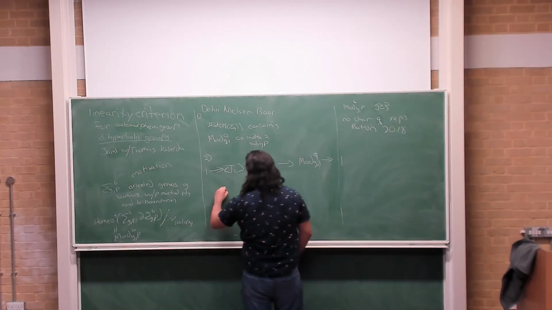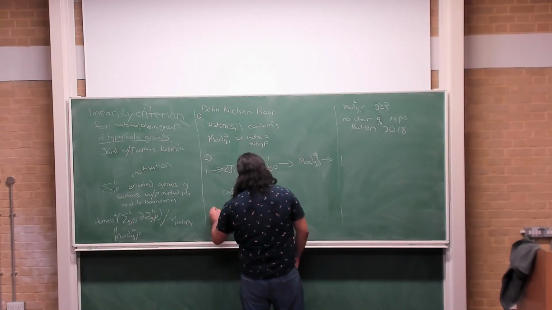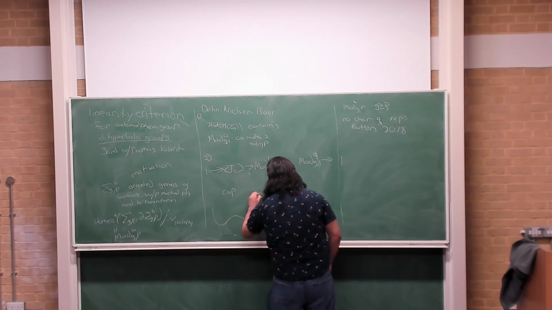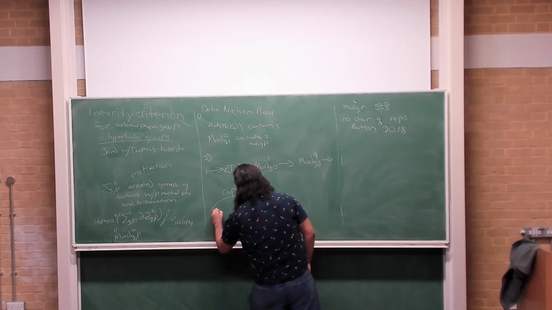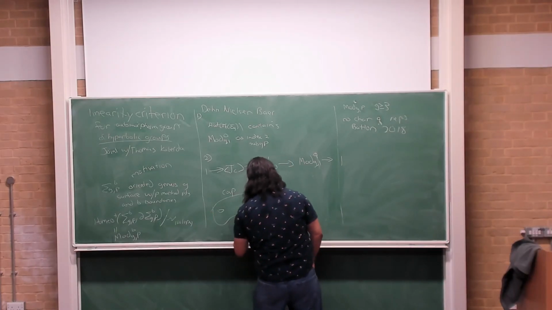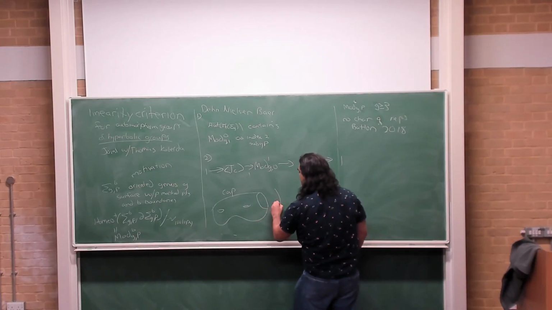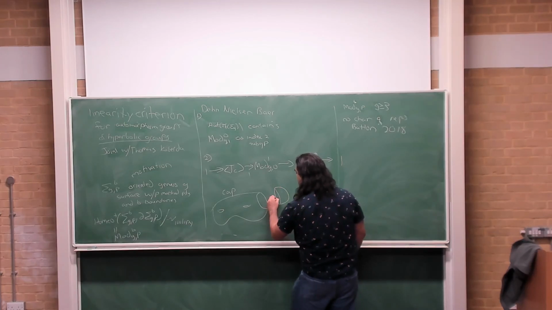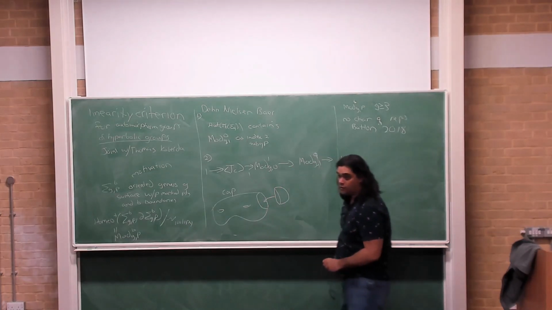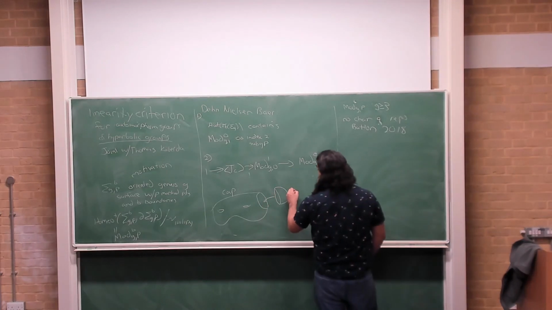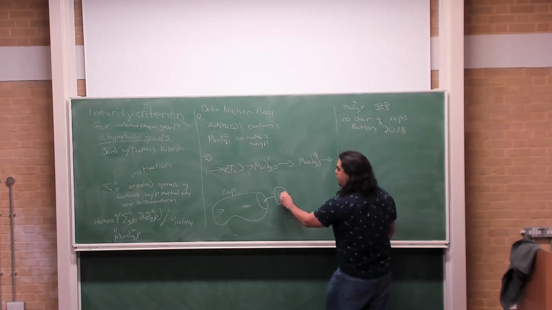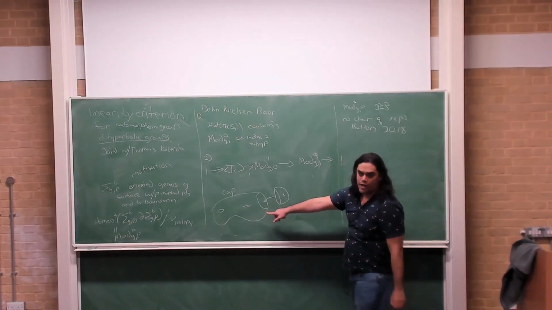This morphism here is called the capping morphism. And the idea is you take your surface, which has a boundary here, and then you glue on a cap, and then you add a mark point to indicate that you had a boundary there.